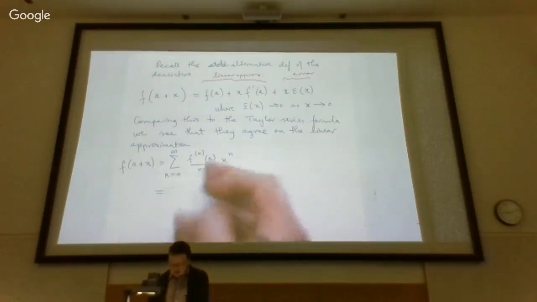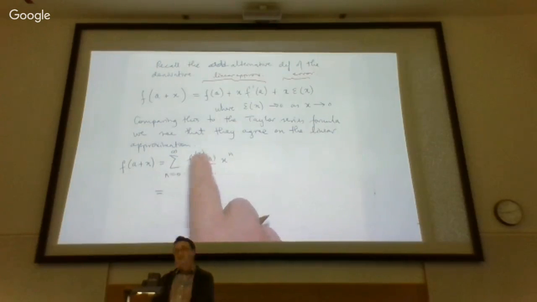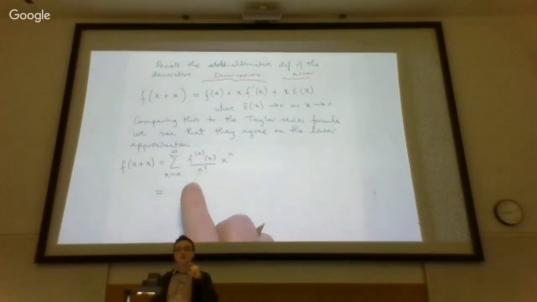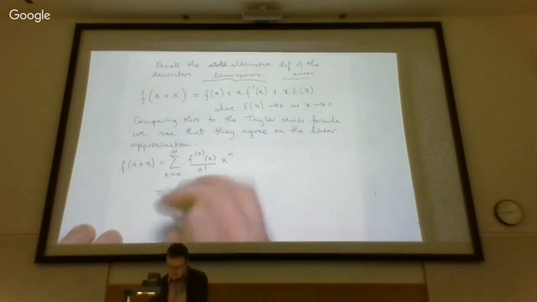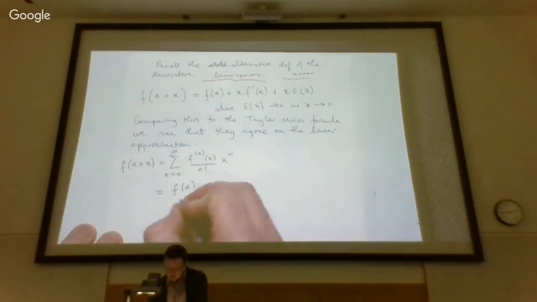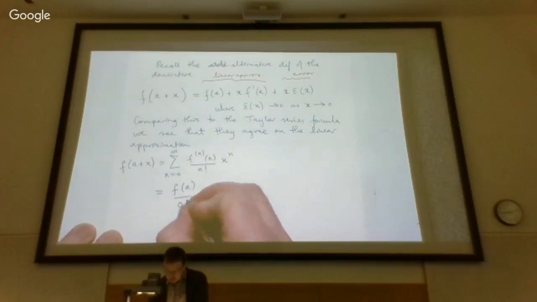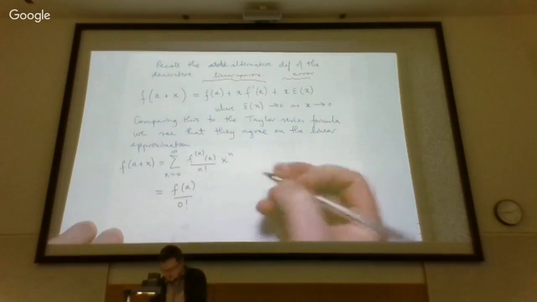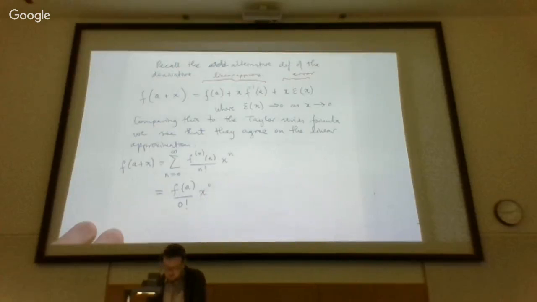When n is 0, we've got the 0th derivative of f. The 0th derivative of f is just the function f itself, the function f differentiated 0 times. That's just the function f evaluated at A, divided by 0 factorial, which is conventionally 1, times x to the power 0.